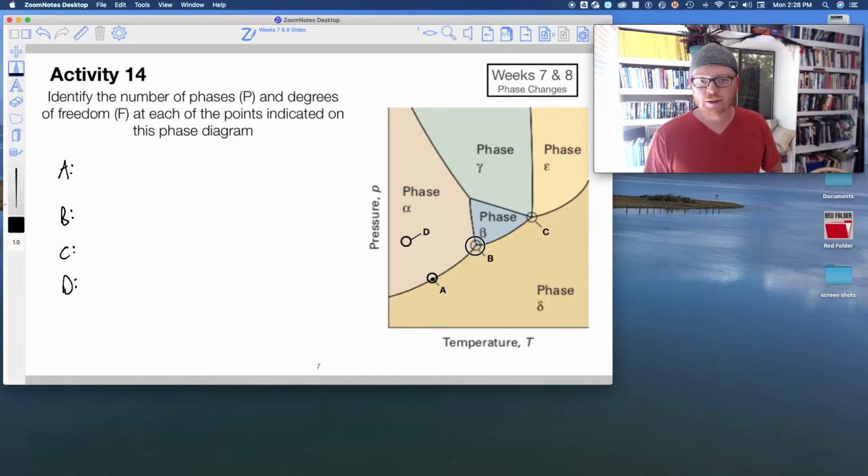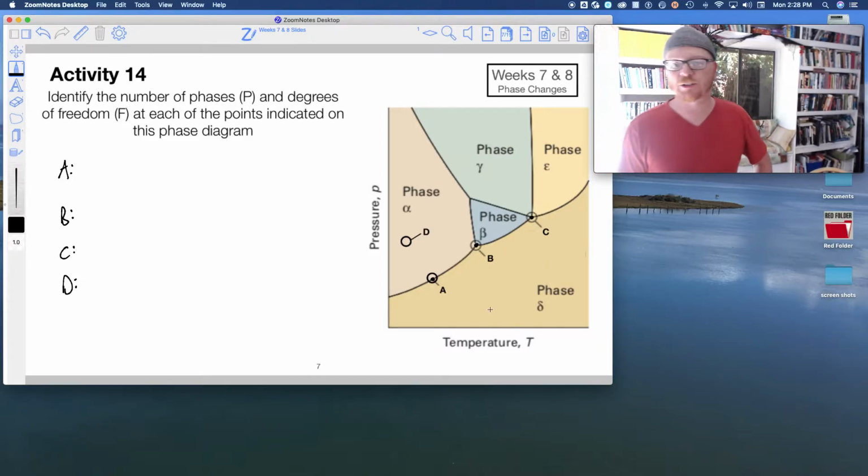Here's point B, at the intersection of phase alpha, phase beta, and phase delta. Here is point C, which is the intersection of phase delta, beta, gamma, and phase eta. And point D is right there in the middle of phase alpha.